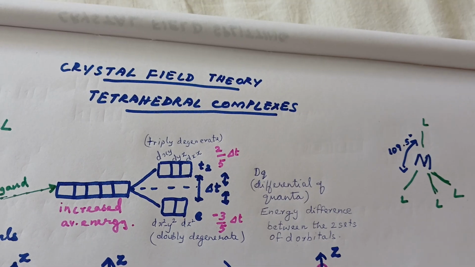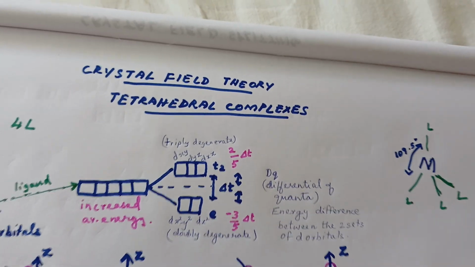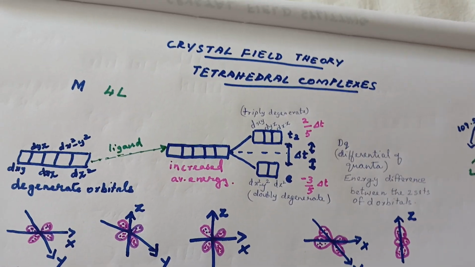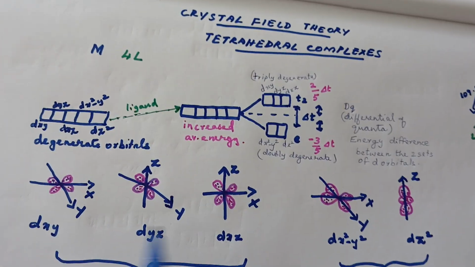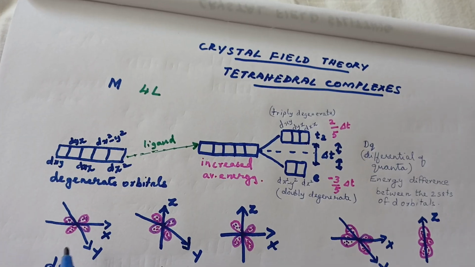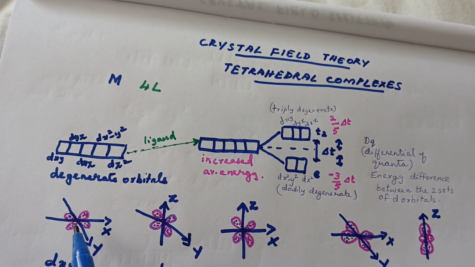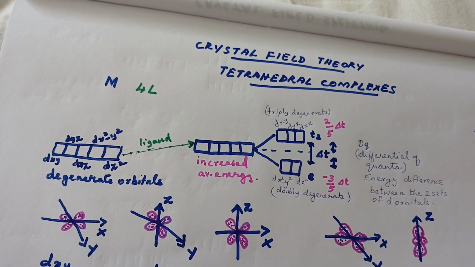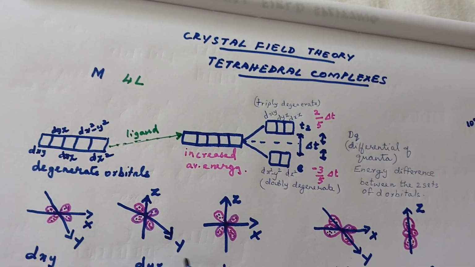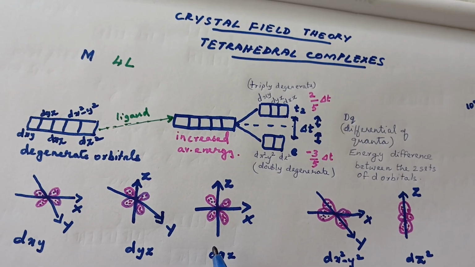So the interaxial orbitals are dxy, dyz and dxz. That is, the lobes of those d orbitals are lying between the x and y axis, z and y axis, and x and z axis.